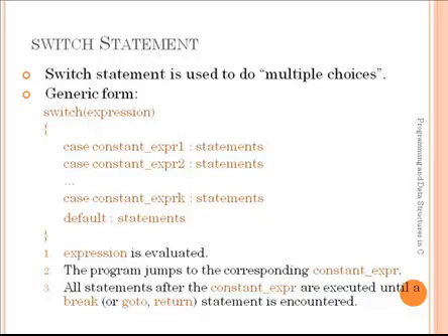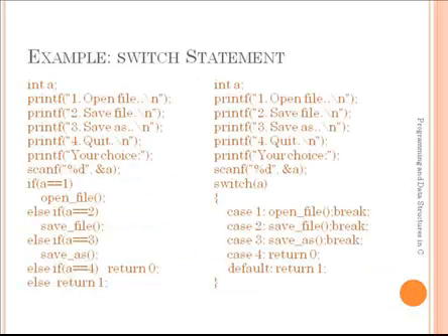On the left side of this slide, one program is available using an else if statement, and on the right side the program is written using a switch statement. Here 1 is for open file, 2 is for save file, 3 is for save as file, and 4 for quit.